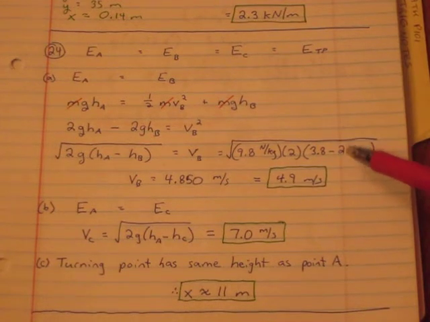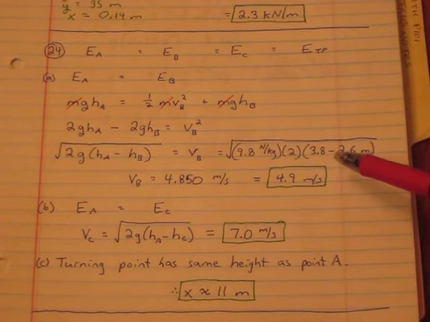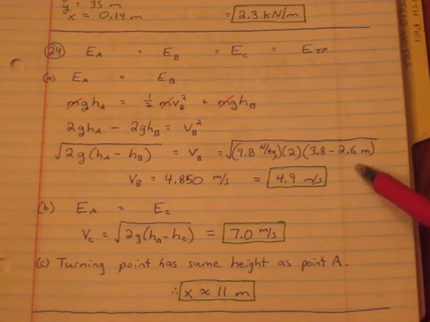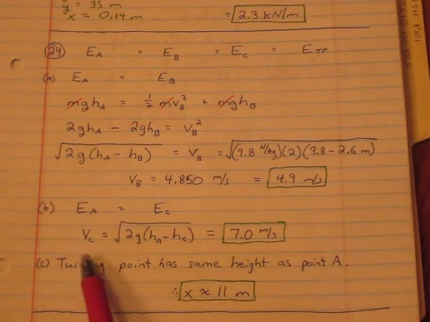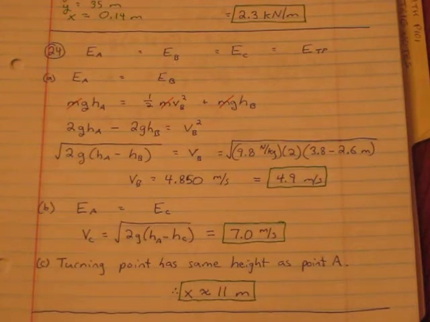It's basically what I did for finding the energy at B. You can pretty much just change all the letters B to letter C. And so here you see the speed at C is the square root of 2g times HA minus HC, and that is 7.0 meters per second.